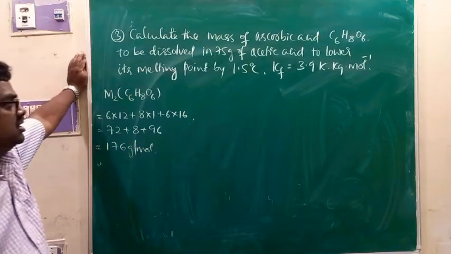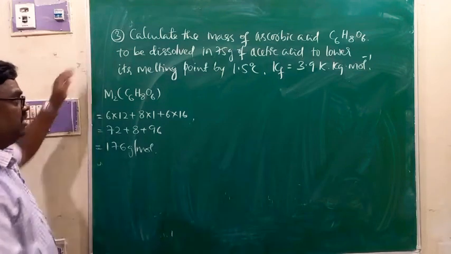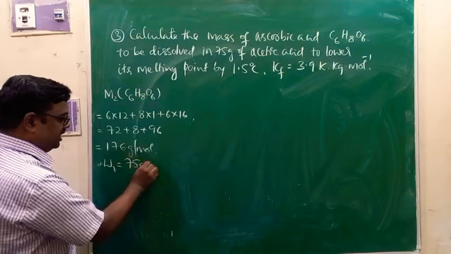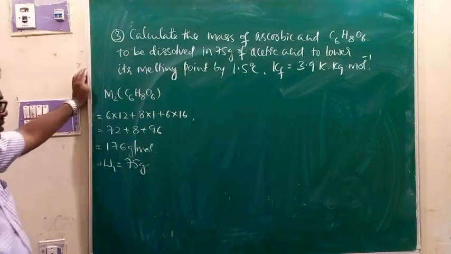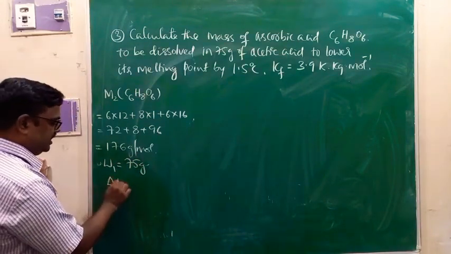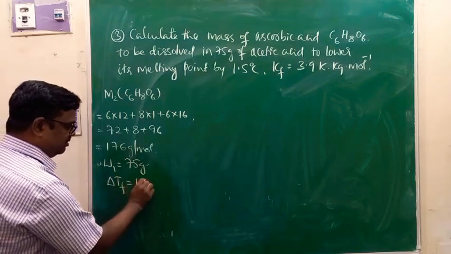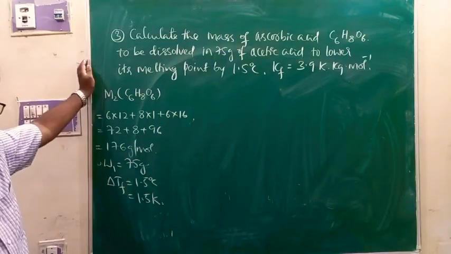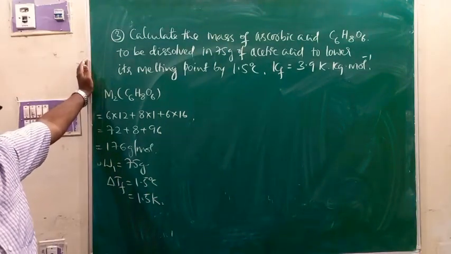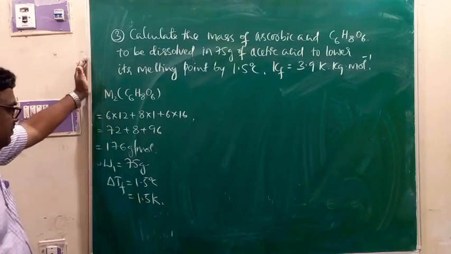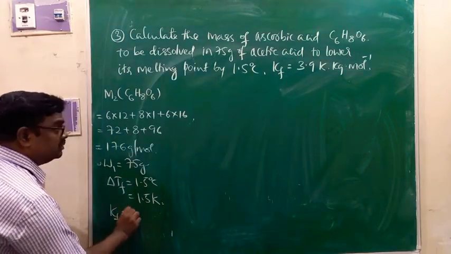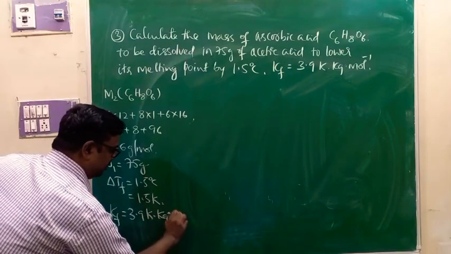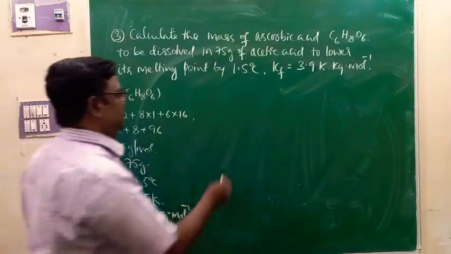You are supposed to calculate the mass of ascorbic acid to be dissolved in 75 grams of acetic acid, that is W1 is 75 grams, to lower its melting point by 1.5 degrees Celsius. That is delta TF is 1.5 degrees Celsius, equal to 1.5 kelvins. Depression in freezing point is the depression in melting point. Kf is given as 3.9 kelvin kg per mole.